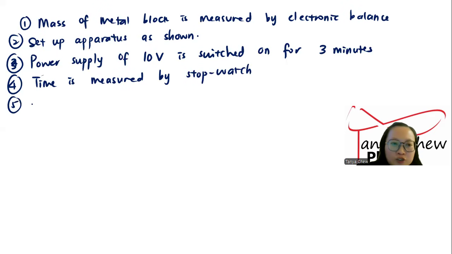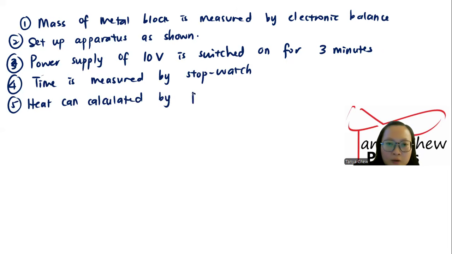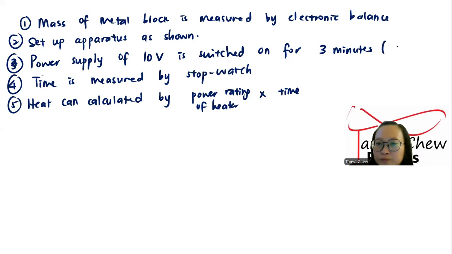And then energy, or heat, can be calculated by power rating of heater multiplied by time, right? So time is 3 minutes. You have to change it to 180 seconds. Is that okay?